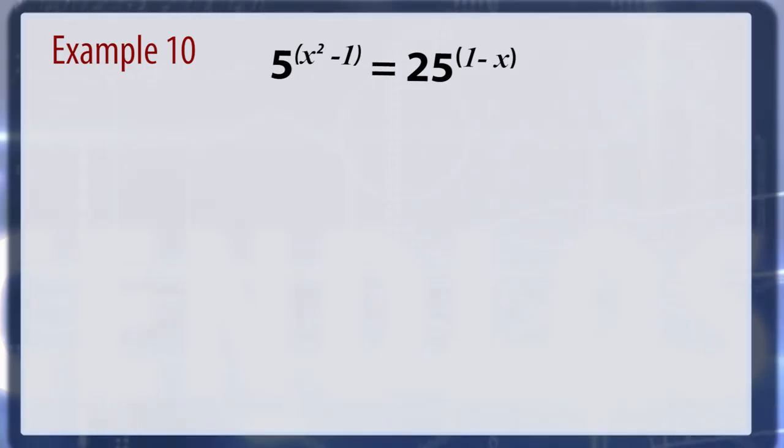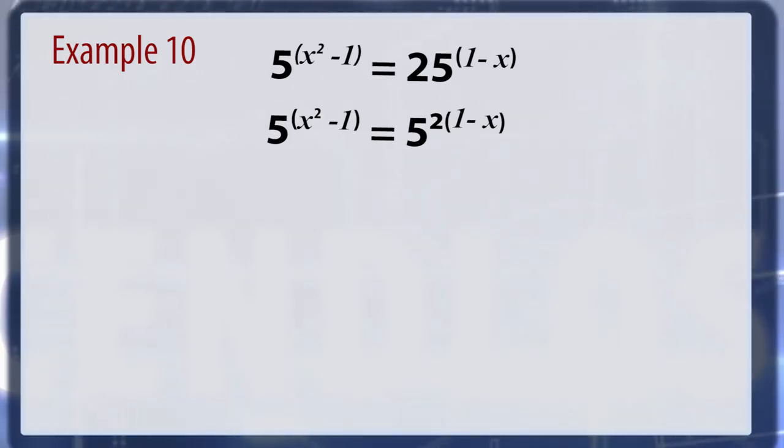So we are going to go to the right-hand side and write the 25 as a power of 5. That gives us 5 raised to the power x squared minus 1 to be equal to 5 squared raised to the power 1 minus x.